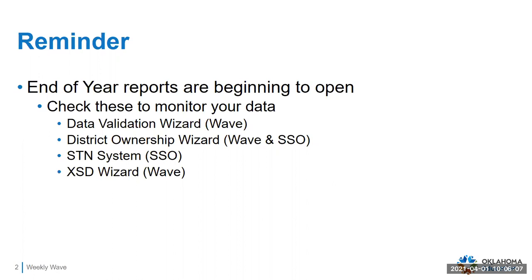If we have these errors, that means anything that was sent, say you have an enrollment record that is failing an XSD error and it's related to enrollments, any student associated with that error will not show up on any reports. We will not accept the data.